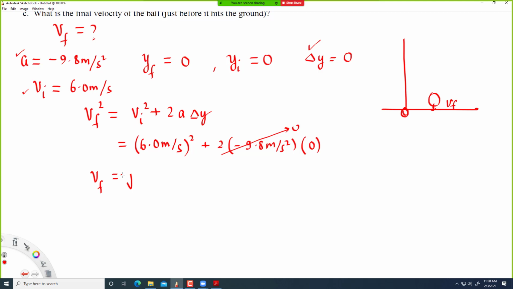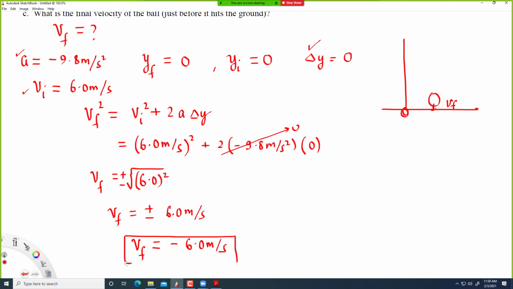So Vf would be plus or minus the square root of 6 squared, so Vf would be plus or minus 6 meters per second. In this case we'll choose the negative sign because it's for the falling object. So 6 meters per second is the final velocity.